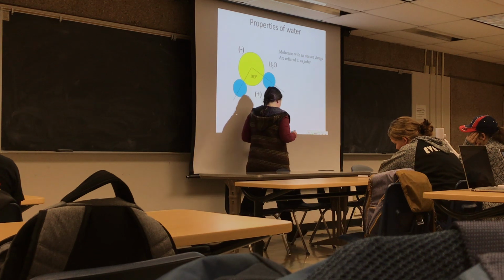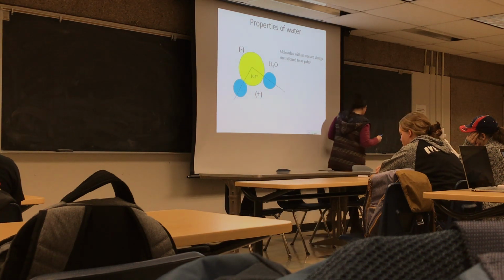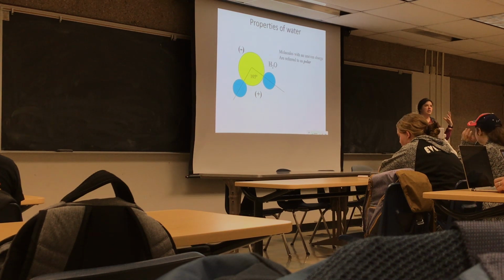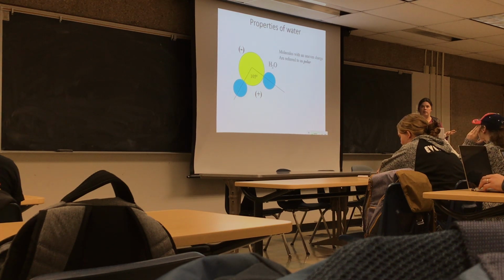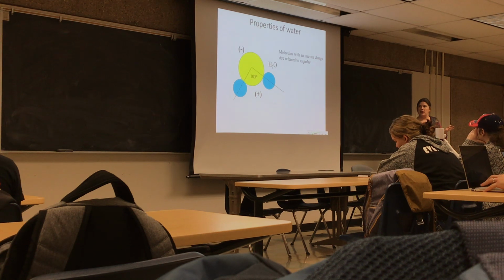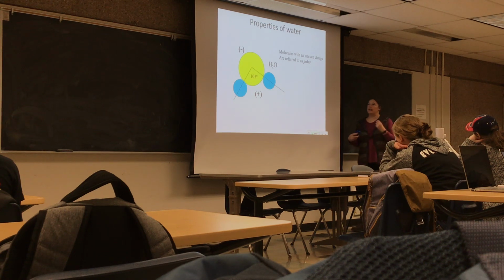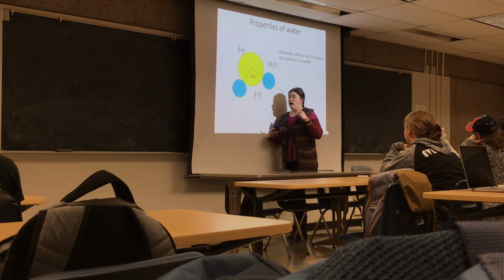The other thing that is unique about the oxygen versus the hydrogen is that they're sharing an electron. It's a covalent bond, and the oxygen atom wants that electron more, so it's pulling on the electron more. So the electron spends more time hanging out with the oxygen than it does with the hydrogens.